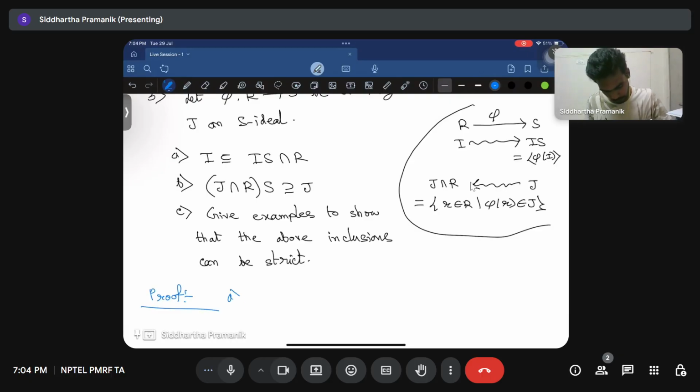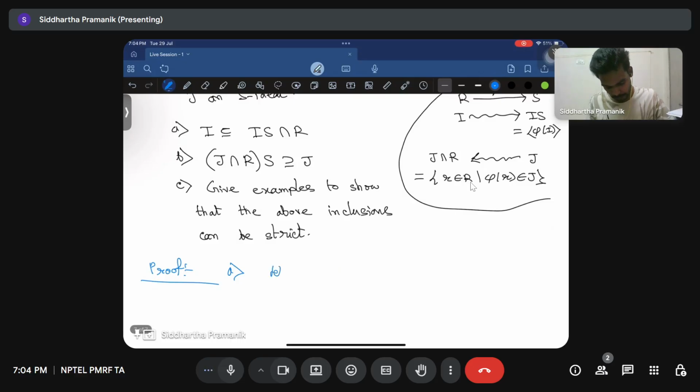So first part. We need to prove I is a subset of its extension and again contracted back. So let a belong to I. That will imply phi of a belongs to its extension.